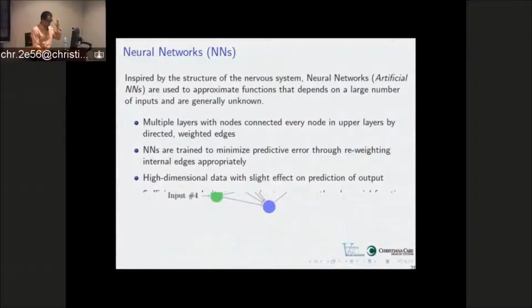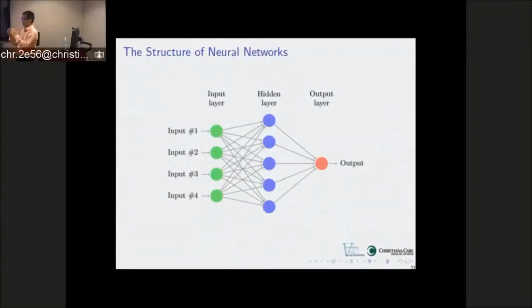So, okay, we need to look at this before we understand how this neural network works. This is the structure of a neural network. It usually consists of 3 layers: the input layer, the hidden layer, and the output layer. The input layer contains all the covariates we observed or know.